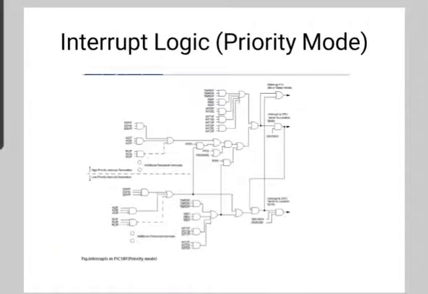Then next is the priority mode. The priority mode of interrupt structure allows each interrupt source to be assigned a high priority level or low priority level, and the high priority interrupt vector is 000008H and the low priority vector is 000018H.